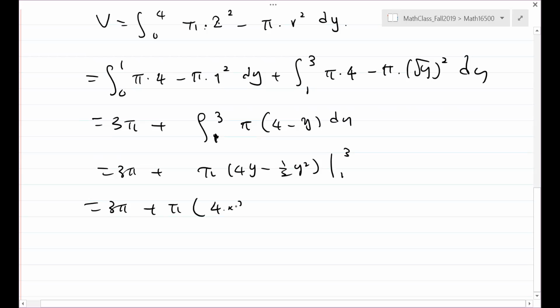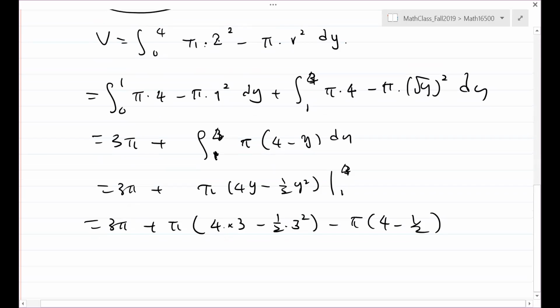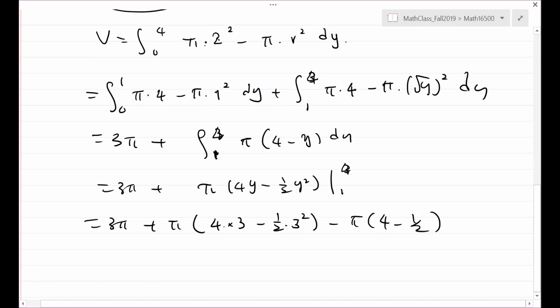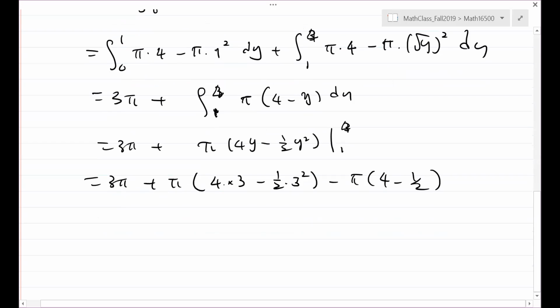And 4 times 3 minus 1/2 times 3 squared. Why is it 3? Actually, it's 4. I'm confused. It's from 1 to 4. The interval is from 0 to 4 for the y variable, right?